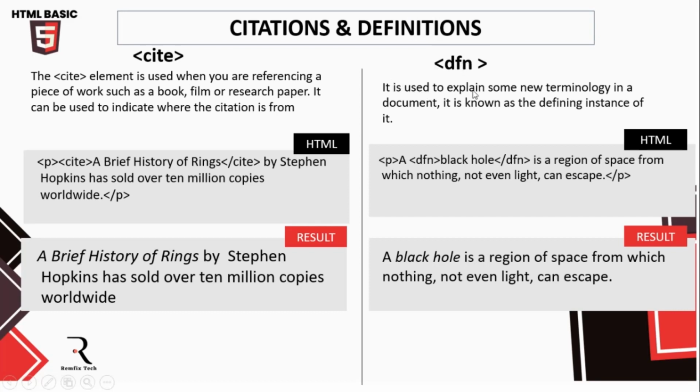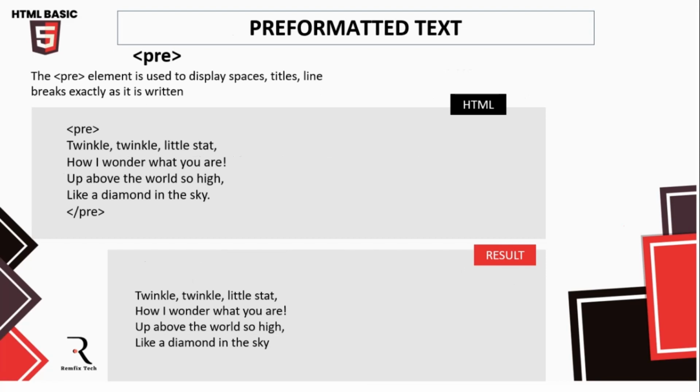It is used to explain some new terminology in a document, known as the defining instance of it. For example, if I define this particular term, black hole, once I get to my result in the browser, it highlights it in italics, showing me that it's a particular term that has been defined here. So that's an example of definitions. Pause this video and try this out.